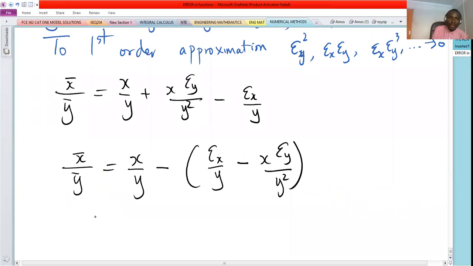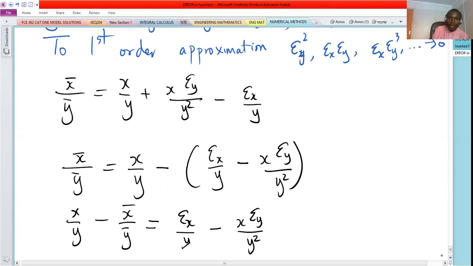So that we can say x over y minus x̄ over ȳ equals error in x over y minus x error in y over y squared.